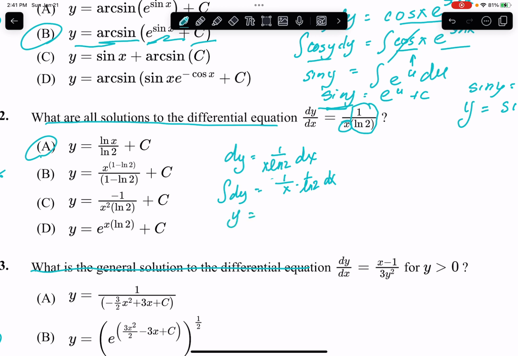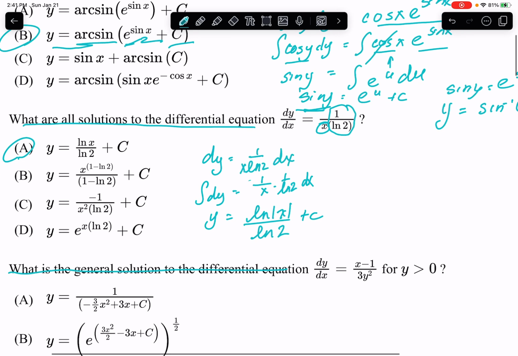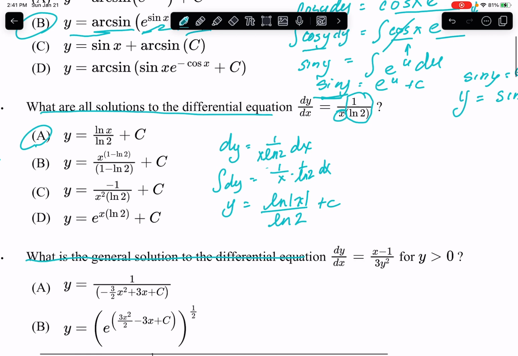So y is ln, the absolute value of x, over ln 2 plus c. So let's see, what do we have? That looks like A. Now, they left off the absolute value. They don't really have a reason to have left it off, but I think College Board was just saying, I'm not going to worry about it right now.